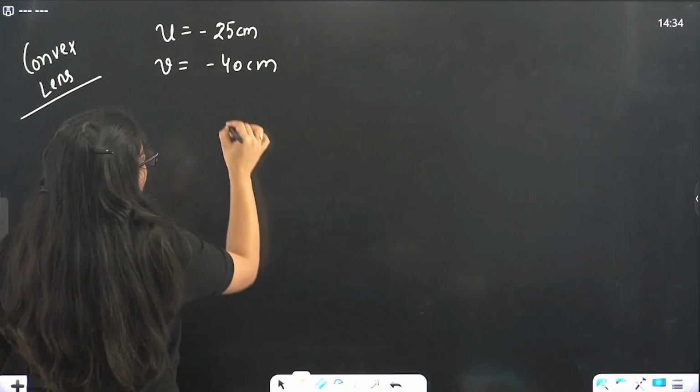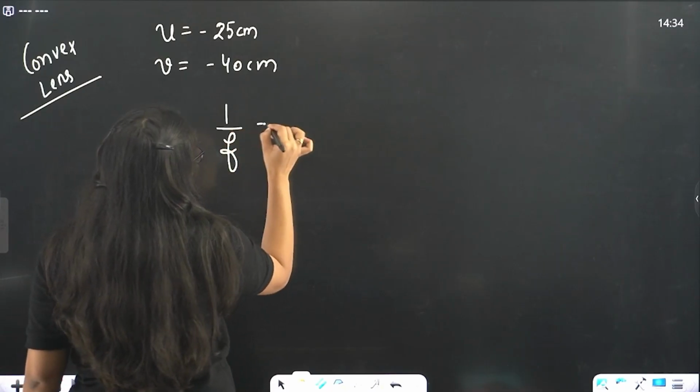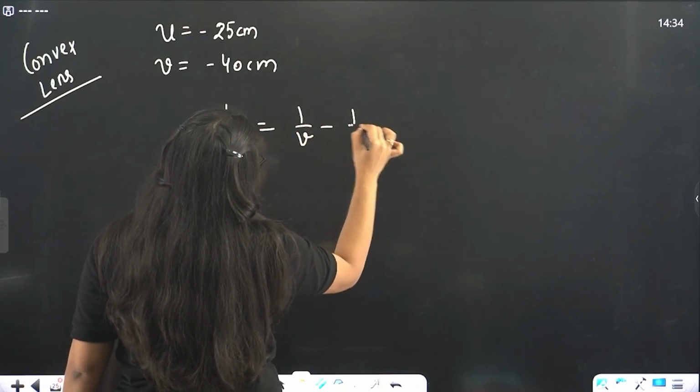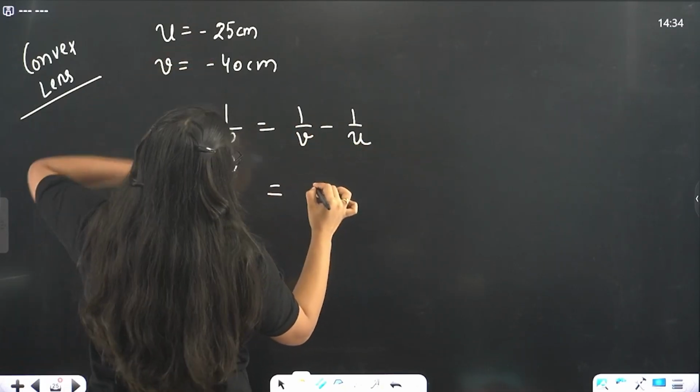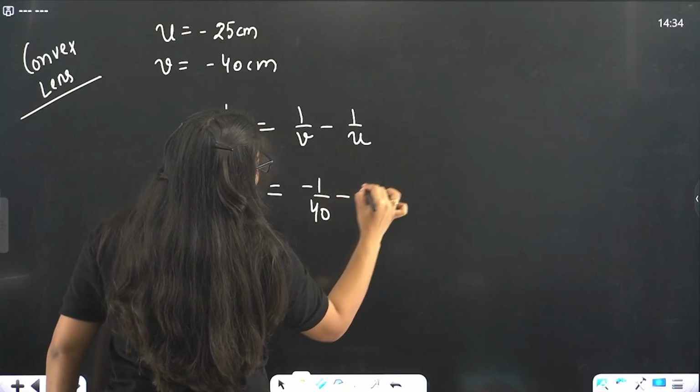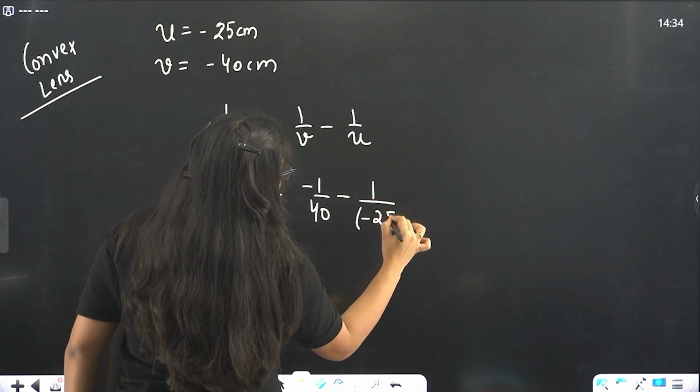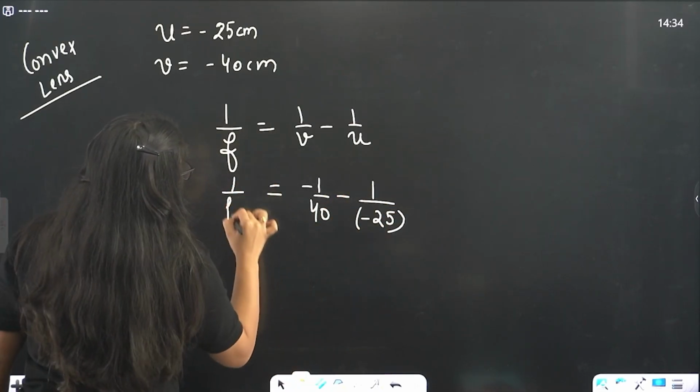So we just have to find it using the lens formula. It will be 1 by F equals 1 by V minus 1 by U. 1 by V is minus 1 by 40, minus of minus 25, so plus 1 by 25.